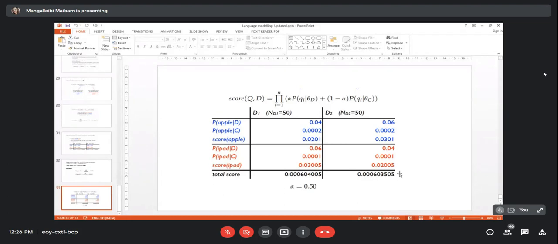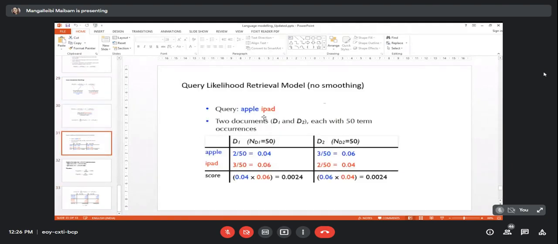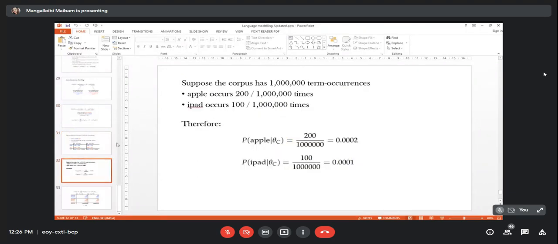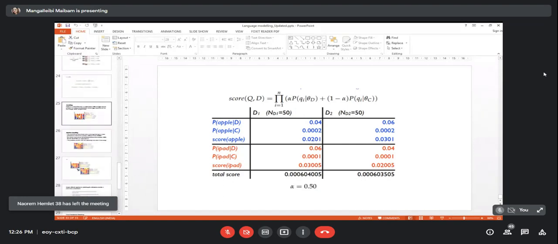So this gives a more detailed value than without smoothing. Without smoothing we got the same score, whereas with linear interpolation smoothing we got slightly different scores.